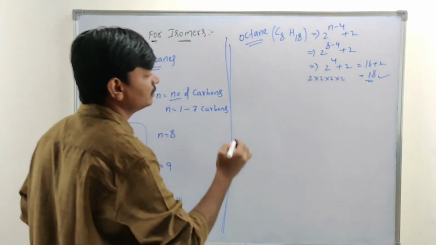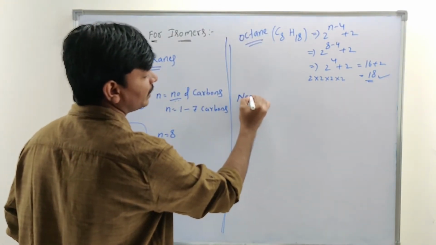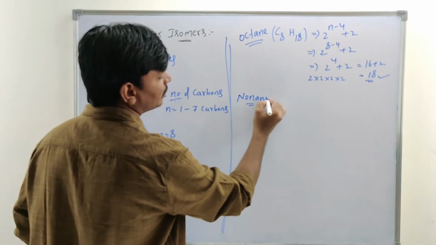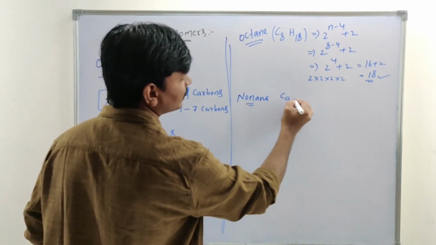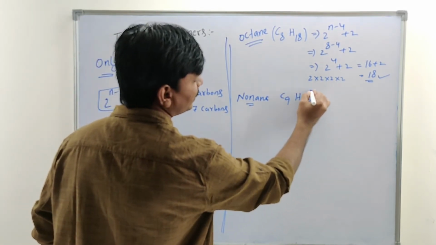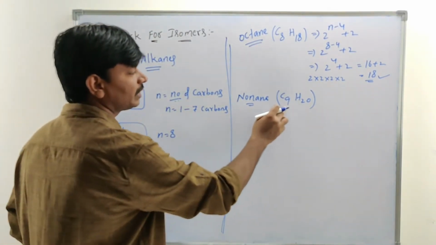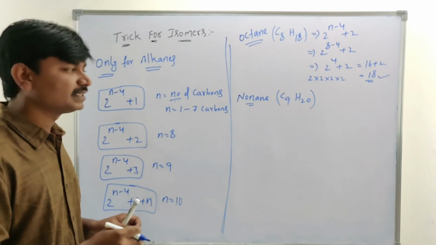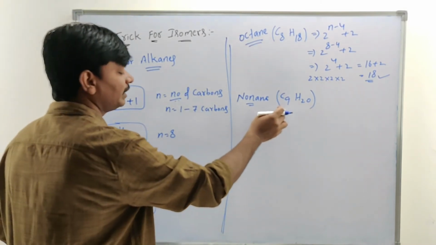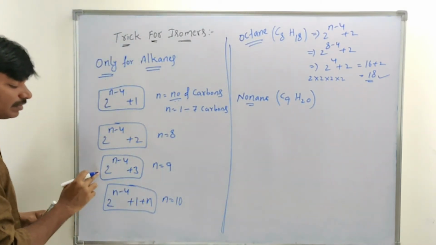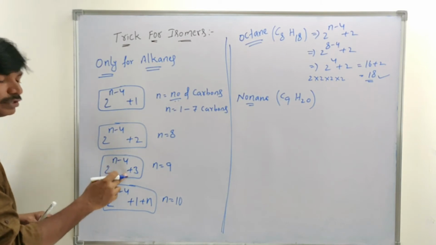Next, similarly, nonane, and its formula will be C9H20. C9H20 means n equals 9, the number of carbon atoms equals 9. That's why its isomer formula will be 2 power of n minus 4 plus 3.